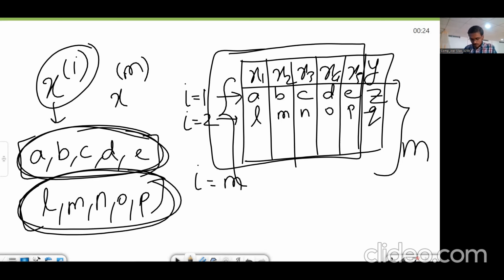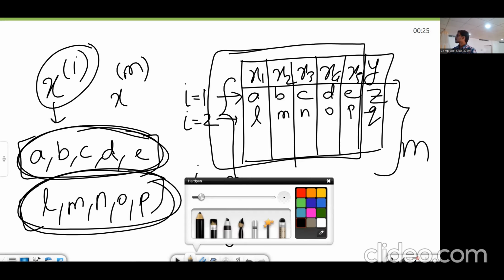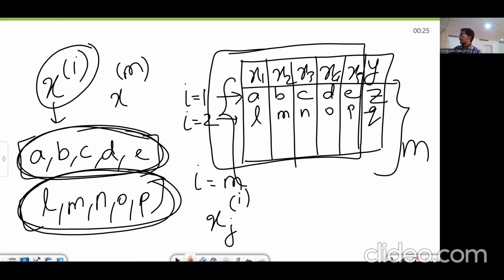So suppose I write x of i, and I put one subscript j over here. This means that in the feature vector x of i, j is a particular feature within that feature vector. For example, x of 1, and suppose I write the subscript 0.